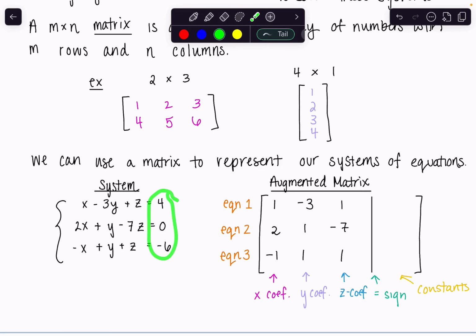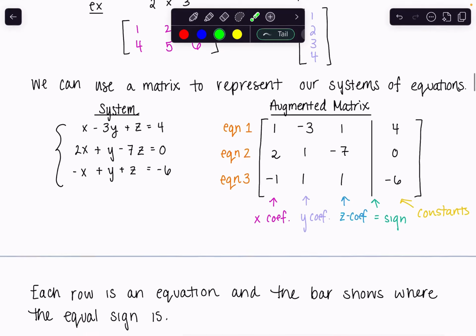So 4, 0, -6. This keeps track of everything for us without having to write the variables x, y, and z over and over again. It's very clean and very simple looking. Each row represents an equation and the bar shows you where the equal sign is.